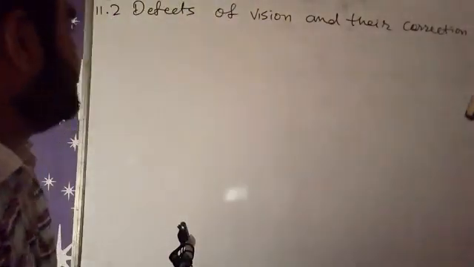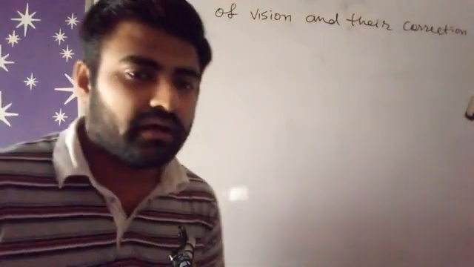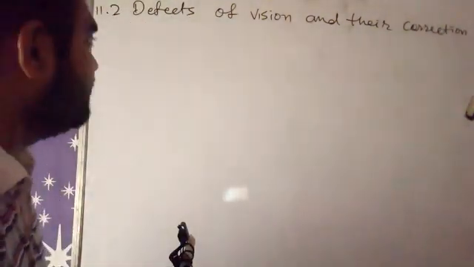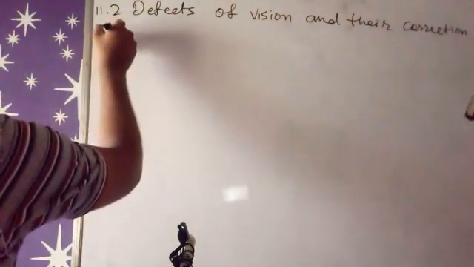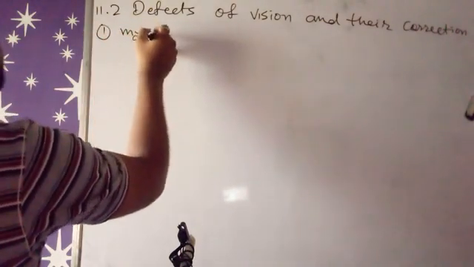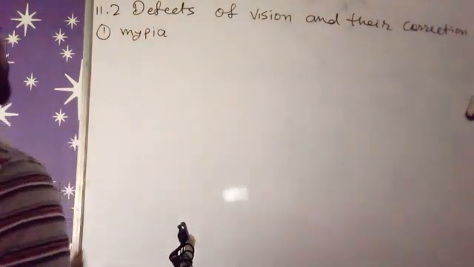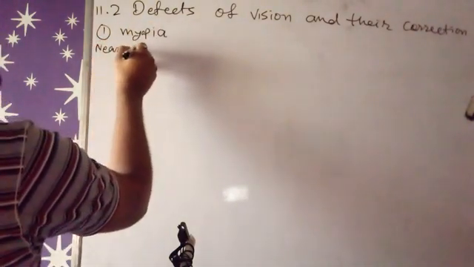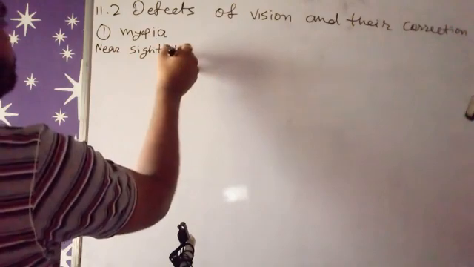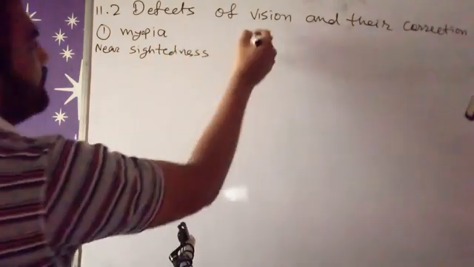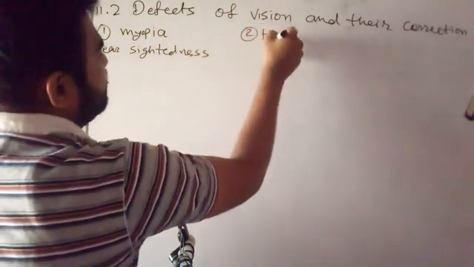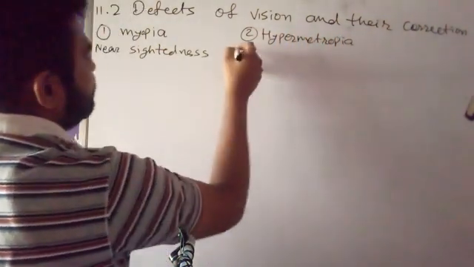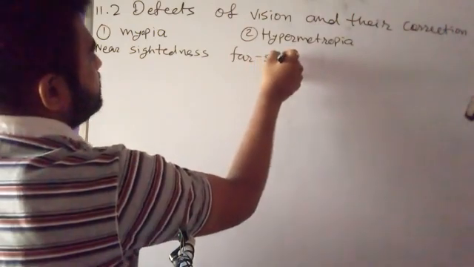Today's topic is defects of vision and their correction. Basically, we have three types of defects of vision. First is myopia, which means nearsightedness. Second is hypermetropia, which is called farsightedness.